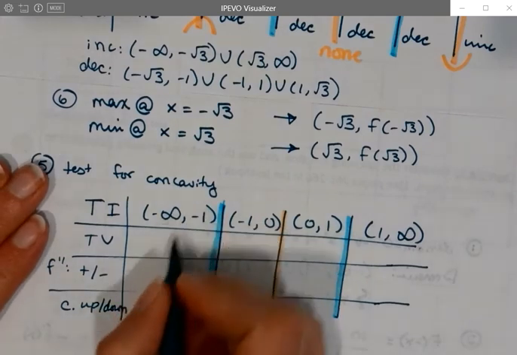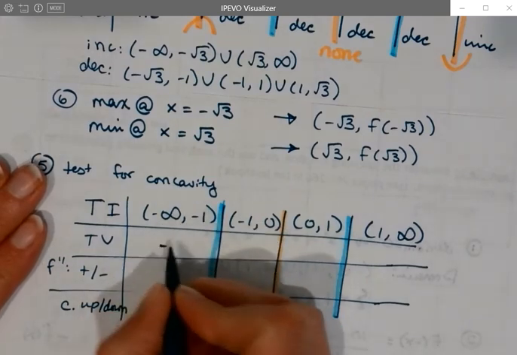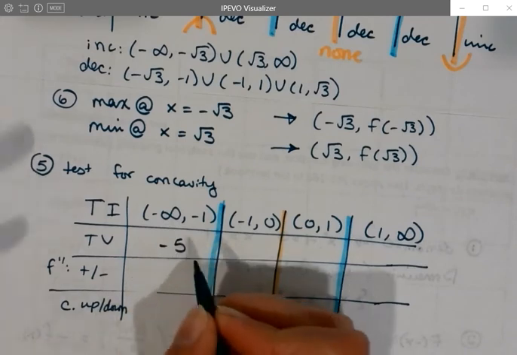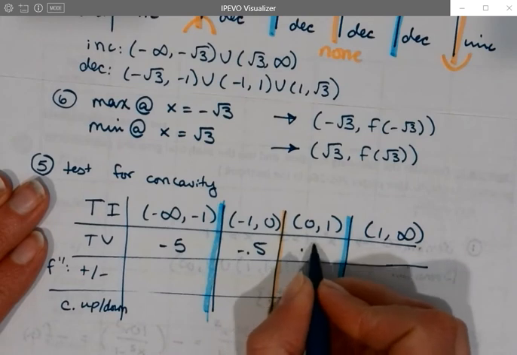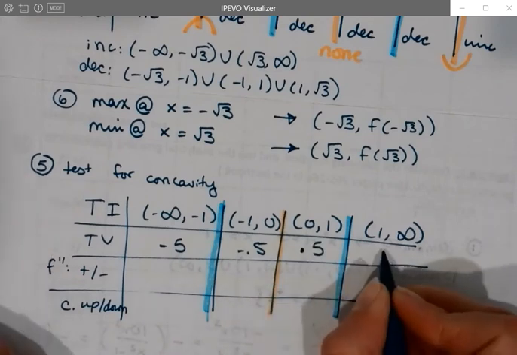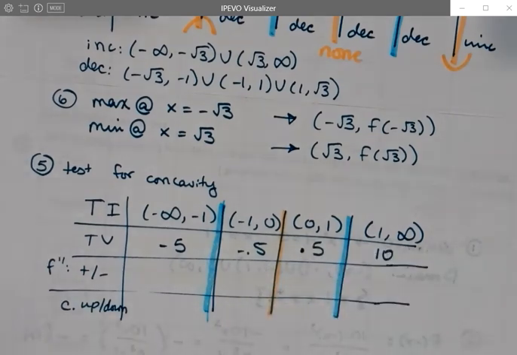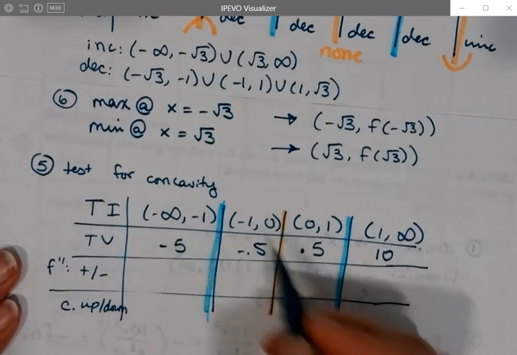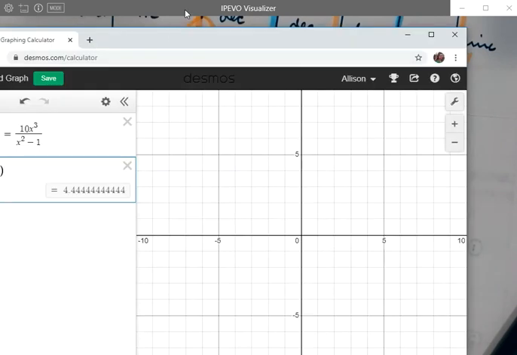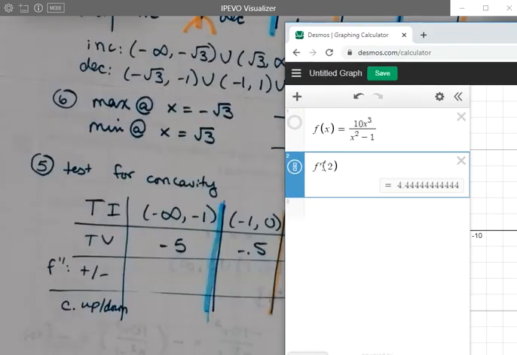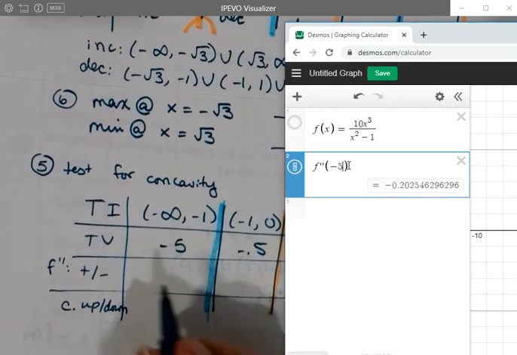Okay, so test values: something less than negative 1, so you can pick anything, say negative 5, and negative 2 is fine, anything between those, so negative 0.5, positive 0.5, and then 10. I'm just picking any value that fits in the interval, and I'm going to go back over to Desmos, and I can type in the second derivative, f double prime, and we'll plug in our -5, and that gives us a negative value.